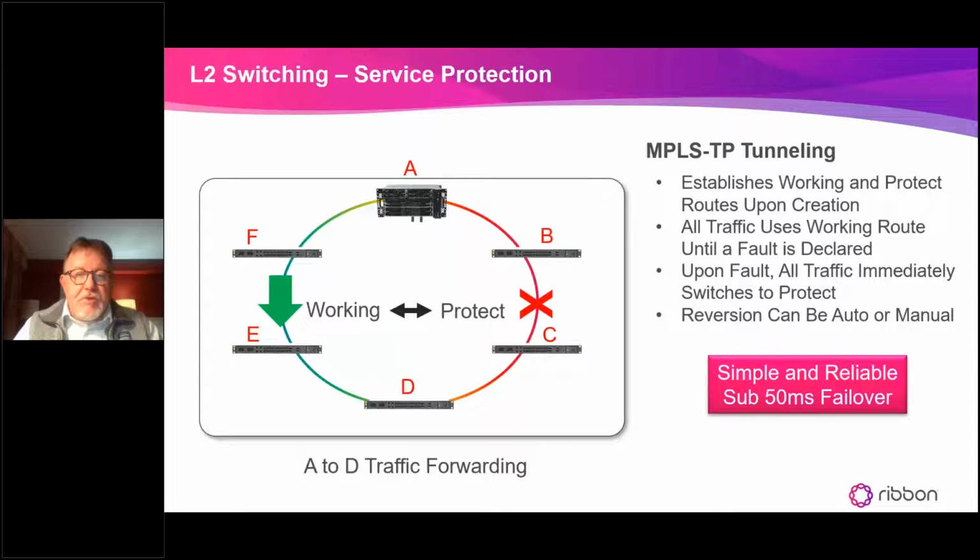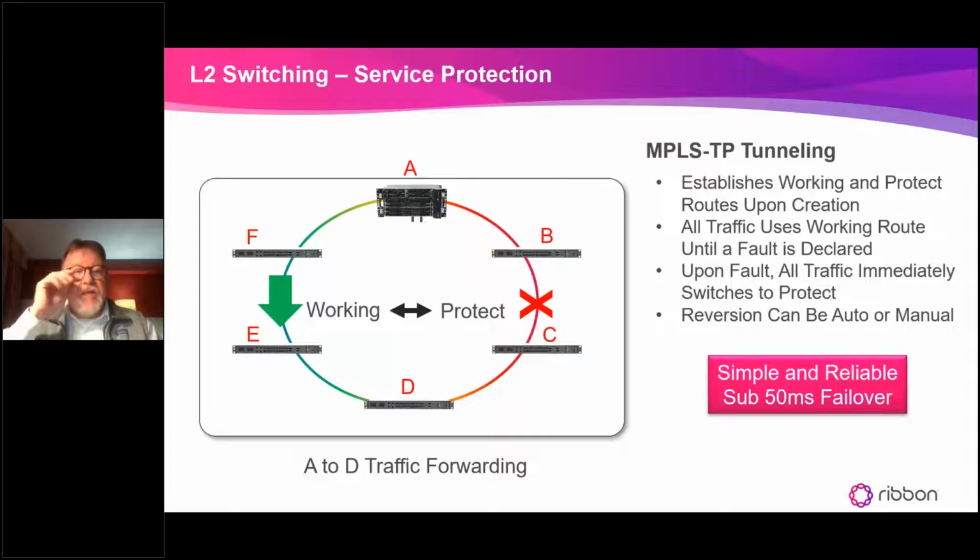So very straightforward to implement. It can support not just simple rings like this, but different paths through a network. If you've got more of a partial or a full mesh type topology, it's utterly reliable and switches that traffic over sub 50 milliseconds.